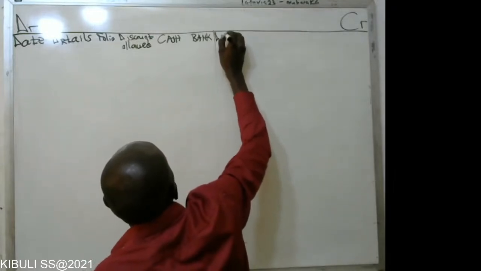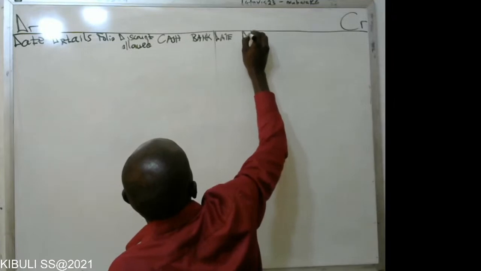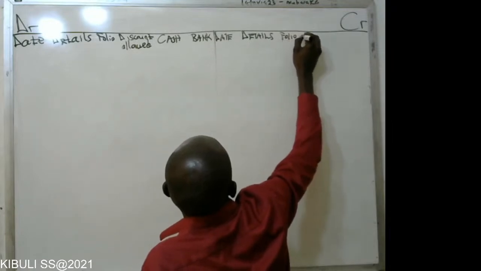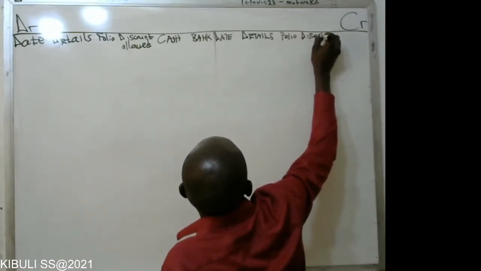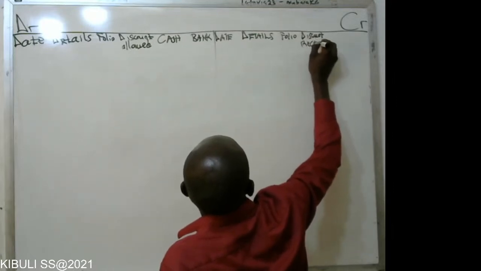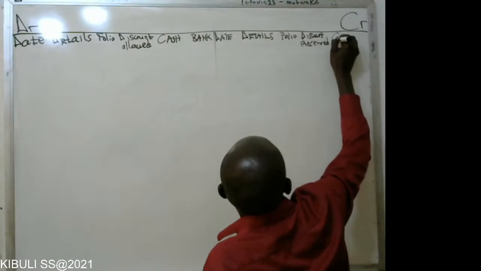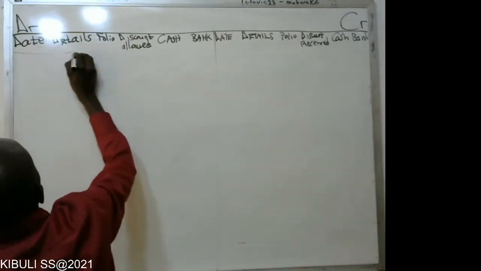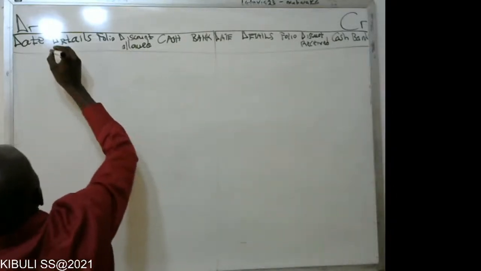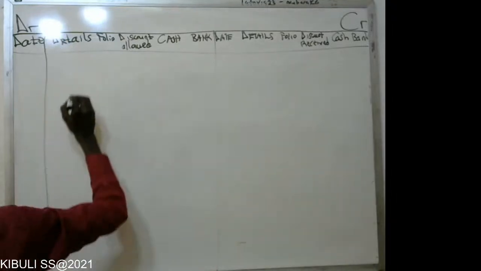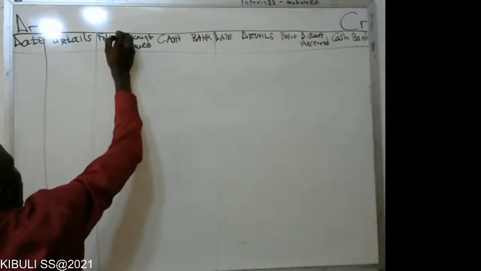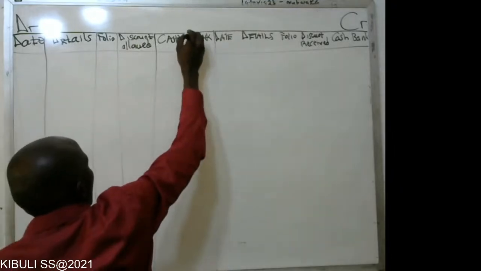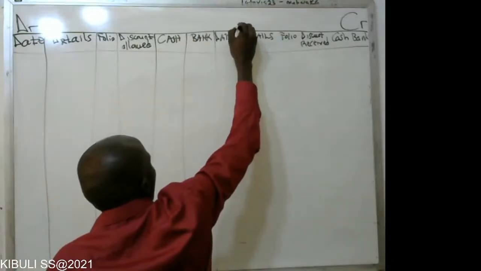Date, details, folio, discount received, cash, and then bank. So class, that is the format of our 3-column cash book.